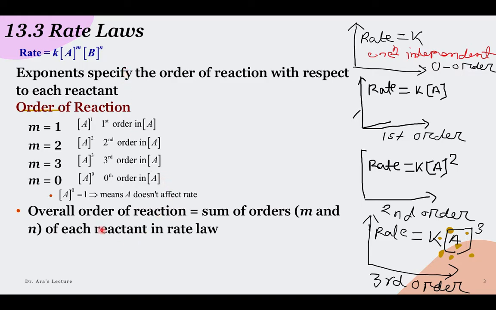The total or overall order of reaction equals the sum of each order, that means the value of m plus the value of n. So that will calculate the total or overall order of reaction for the reactants in the rate law.